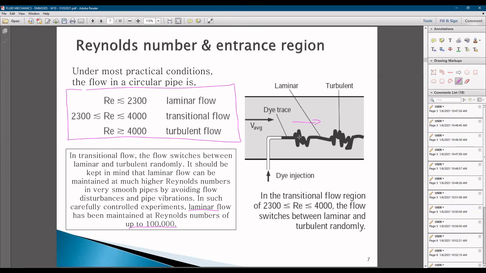From there, we can see what is going on with this dye, whether it will remain smooth or become chaotic, turbulent, a random movement.